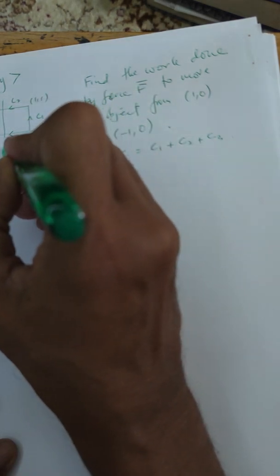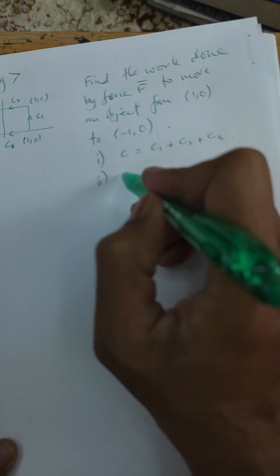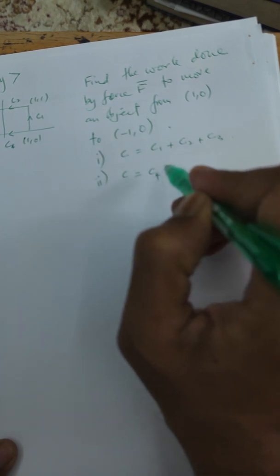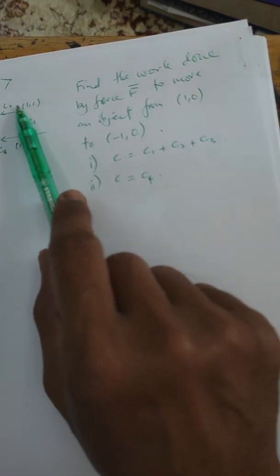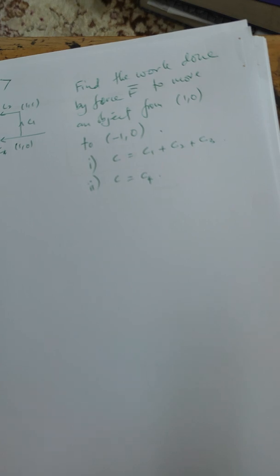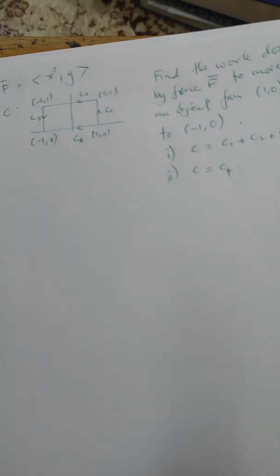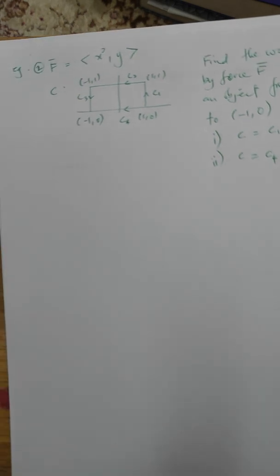Let's call this C4. So C equal to C4, just a straight line, again just 2 dimensions. You can solve that one by yourself. I just leave it as an exercise to you.